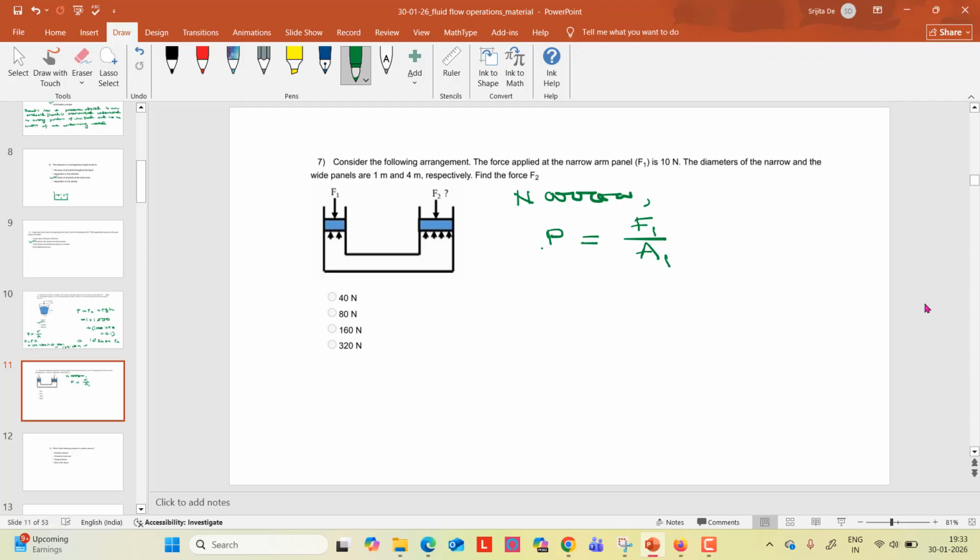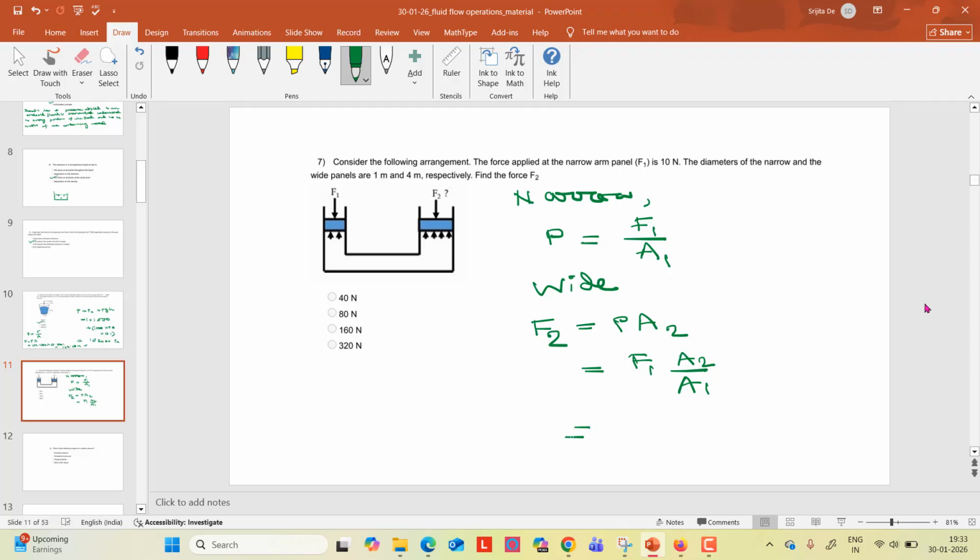Now you know the pressure, and then in the wide column you know the pressure and you know the area. Then F2 will be P times A2, and this P means F1 into A2 by A1. So simply we will put these values.